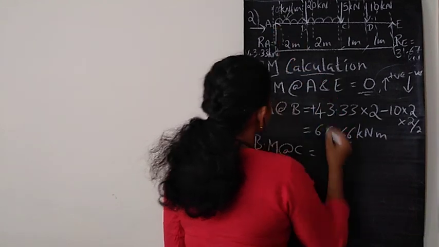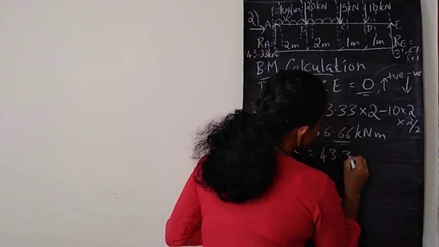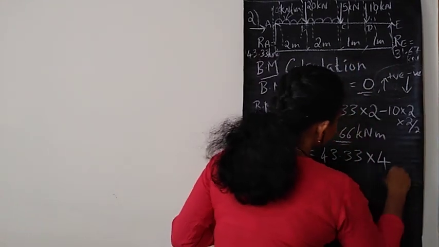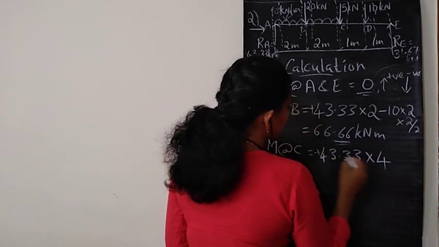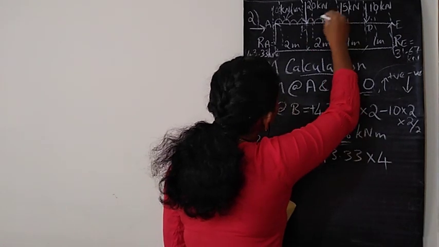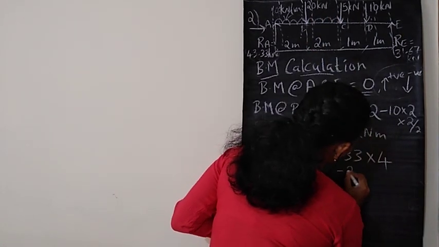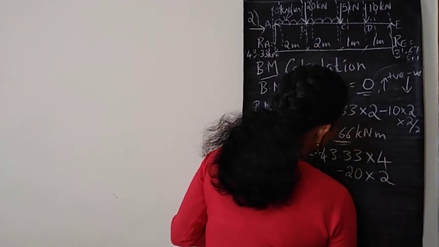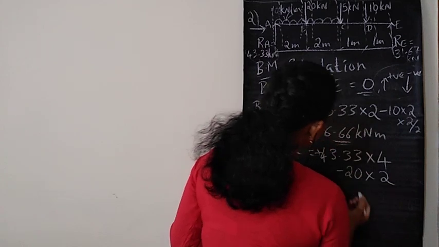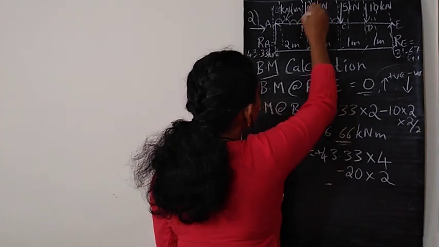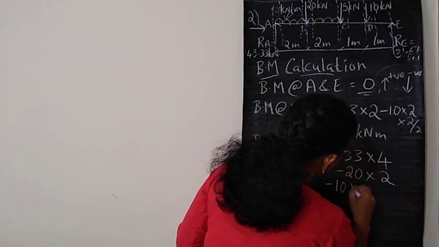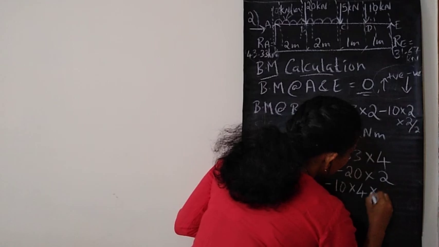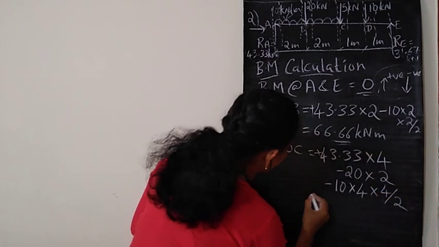So first, 43.33 into what is your total distance? 4. Okay. Less, then minus 20 into this distance is 2, and you'll have minus UDL value 10 into, here you have to consider up to C, so total full distance, that is 4. 4 into 4 by 2.